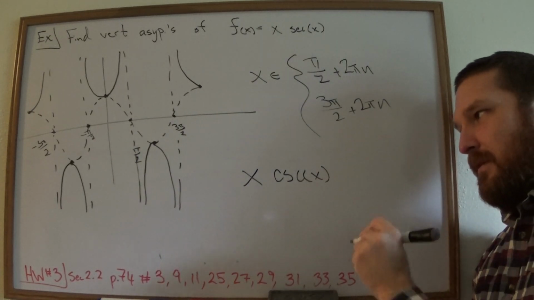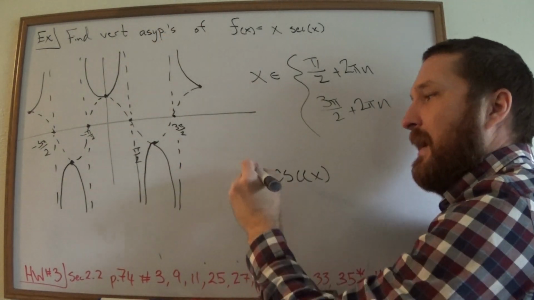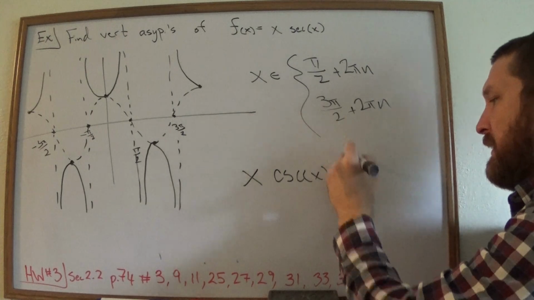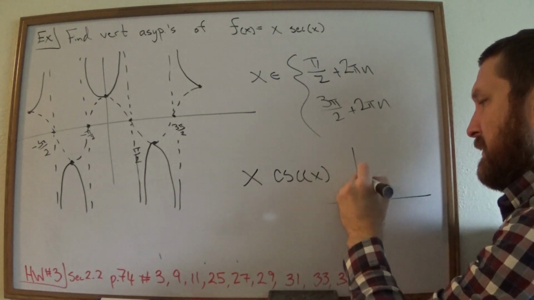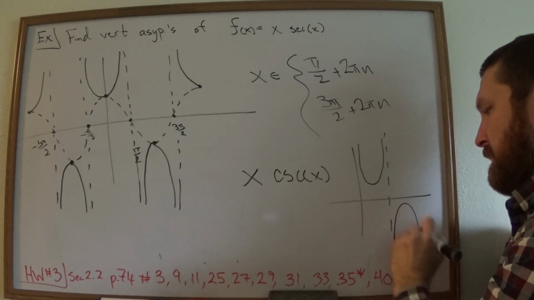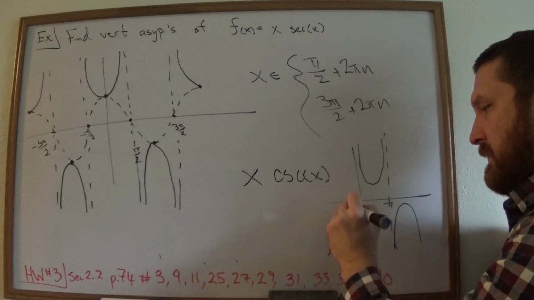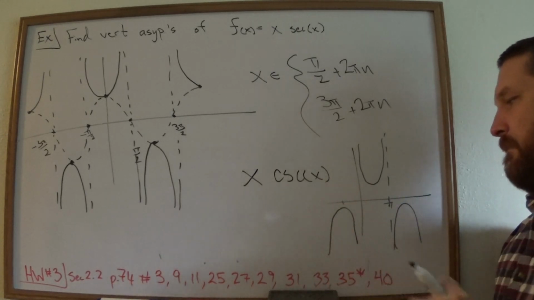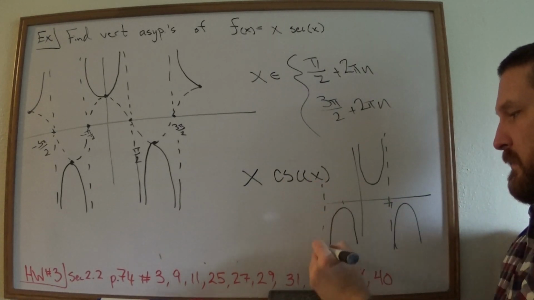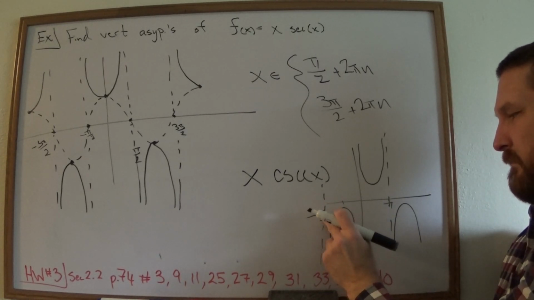Because now cosecant does have an asymptote there and at 0, right? So cosecant x does this thing here. So there's pi, comes back around like this, right? And there's negative pi.